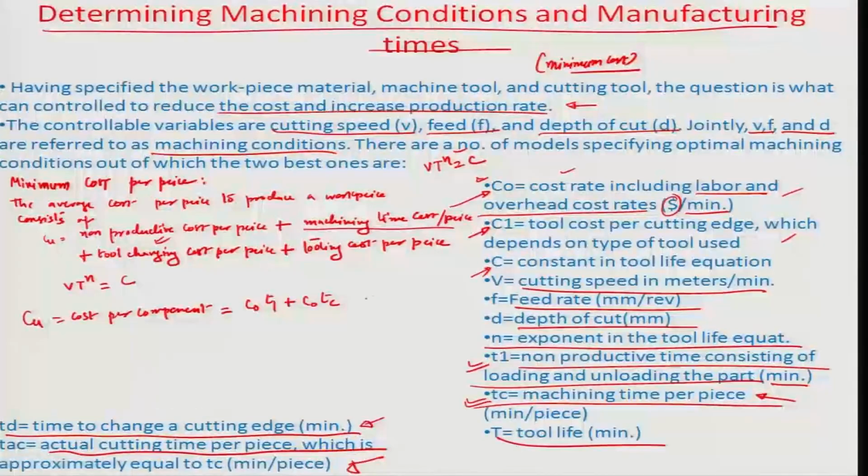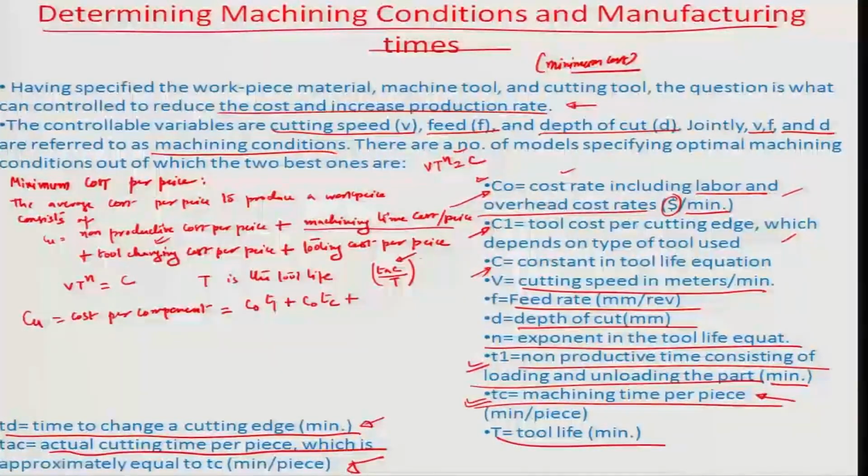plus the tool changing cost per piece, and here we have to bring in the tool life, because we know that T is the tool life and the actual cutting time TAC in this case supposing involves more than one tools.